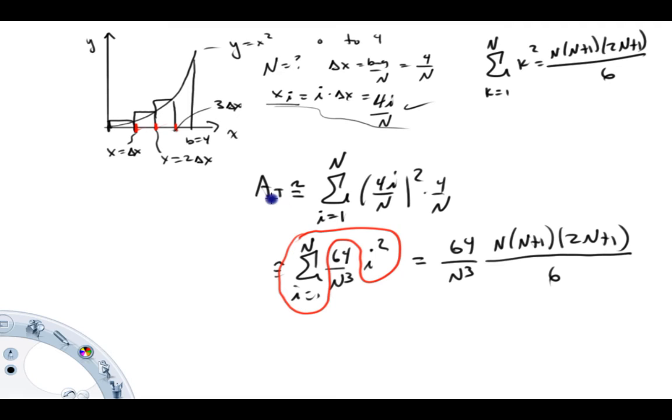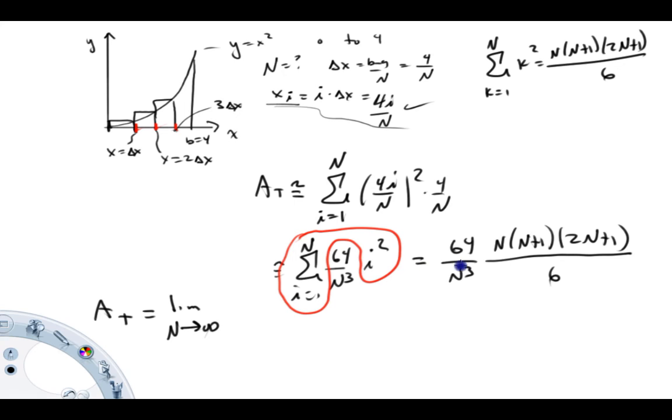Also keep in mind that this formula is just an estimate. The total area is approximately equal to the sum. Now what we're going to do is make the area exact by taking the limit as n goes to infinity.